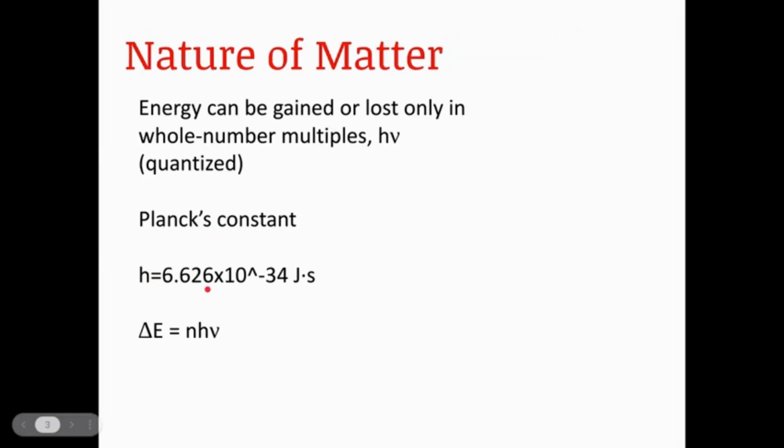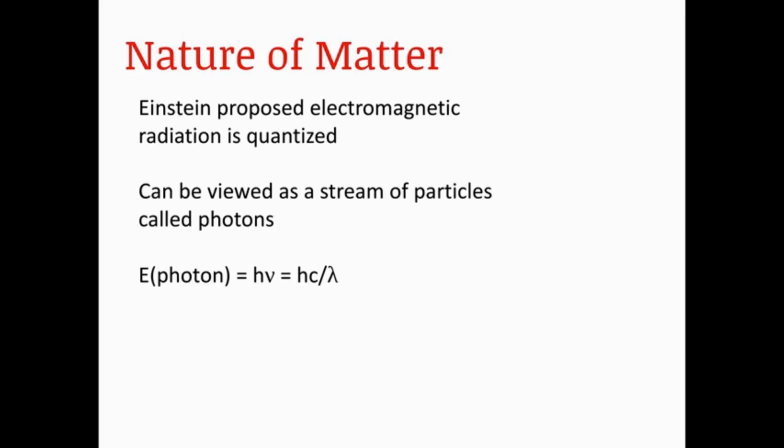Another thing to keep in mind is that energy can only be gained or lost in whole number multiples, like energy levels. You can't be at the 2.6 energy level, or your energy level can't increase by 3.4. It'll only go up or down by whole number multiples.